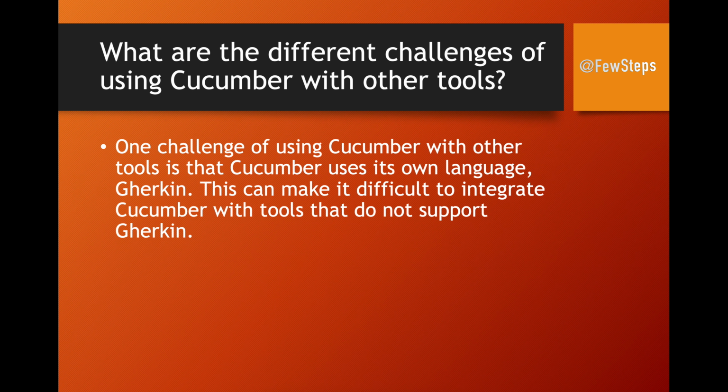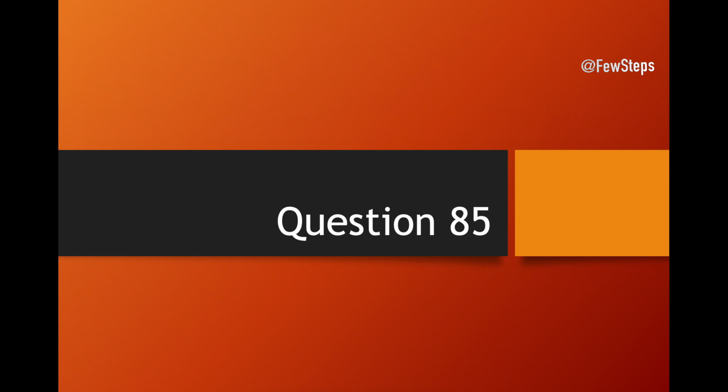Question 84. What are the different challenges of using Cucumber with other tools? One challenge of using Cucumber with other tools is that Cucumber uses its own language, Gherkin. This can make it difficult to integrate Cucumber with tools that do not support Gherkin.